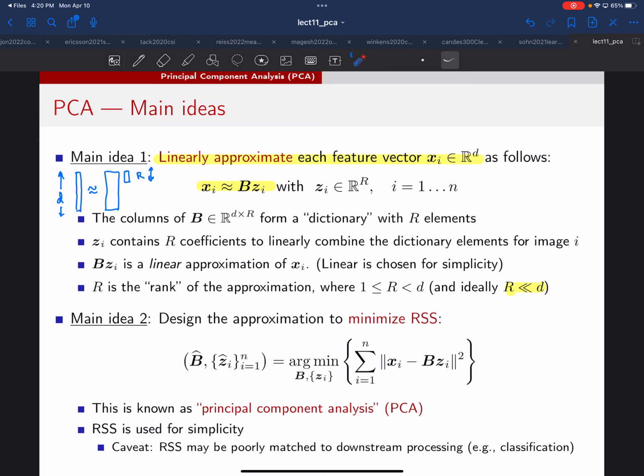So in some sense, the information that you have over all faces is contained in this B matrix. And so that's kind of the global information about the data set. And then it's sort of saying, to construct different faces, you have just different short z_i vectors that can get you these faces.